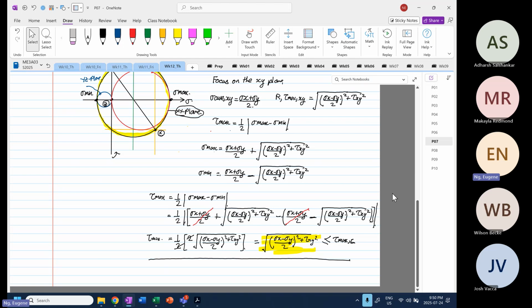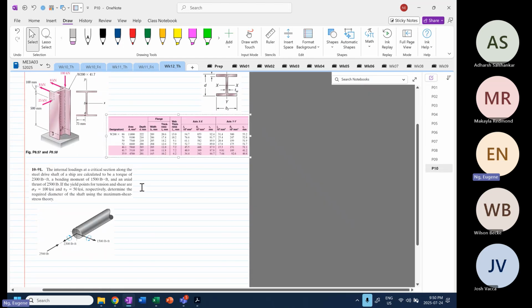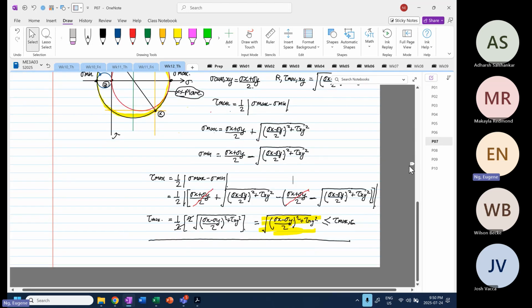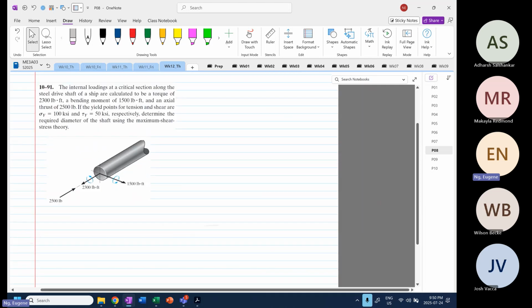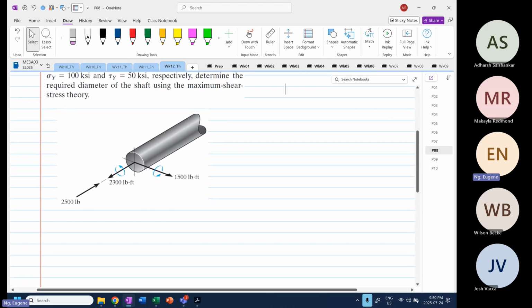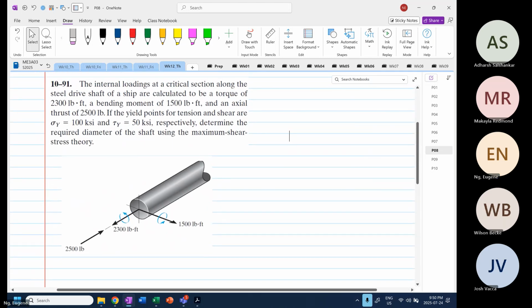What I'm going to do is stop here. Tomorrow, I'm going to go through this example over here. Now, this example is not that bad. I'm going to have this example pasted over here. The good thing about this example is, let's quickly talk about this.